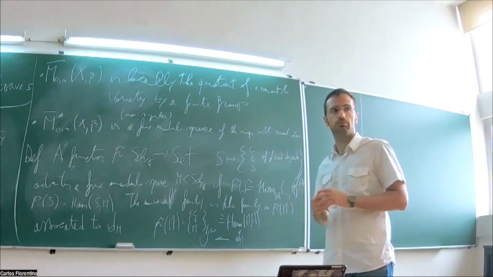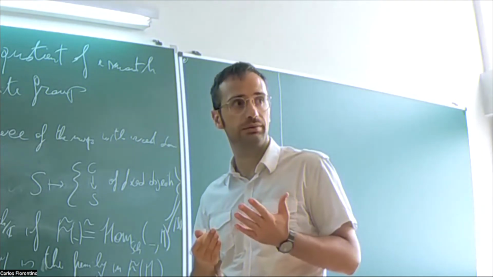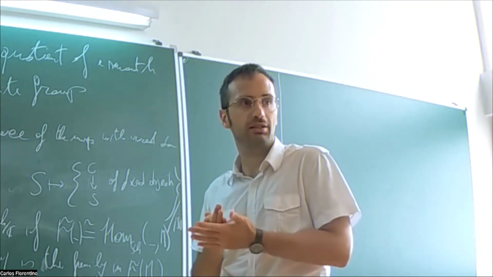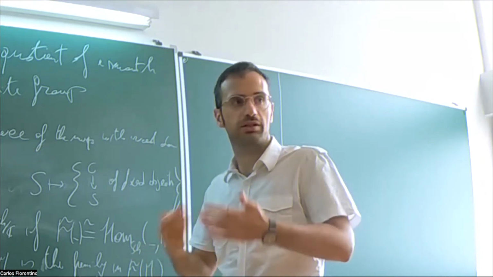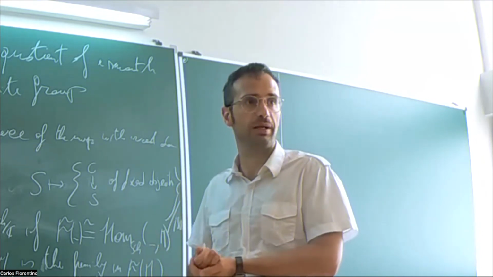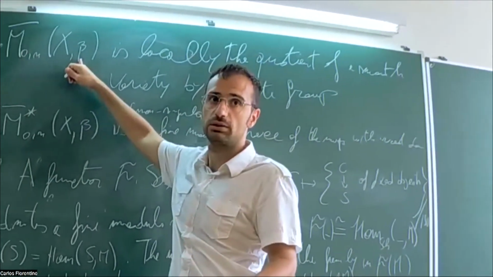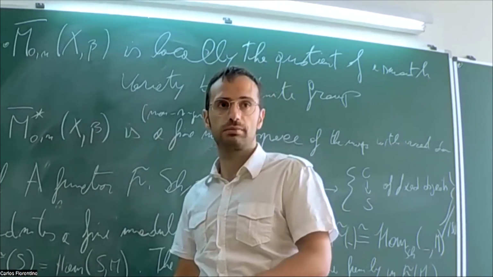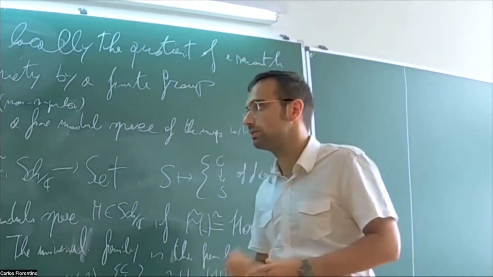For example, an example of a fine moduli space is the Grassmannian. For these reasons, intersection theory in the Grassmannian is so easy and works so well. But this is not a fine moduli space, it's just coarse. So some stuff works, some other stuff doesn't.